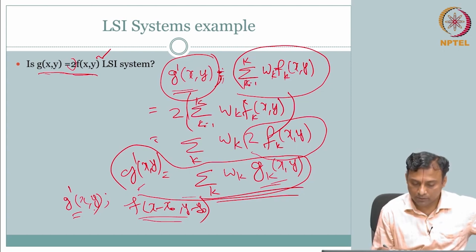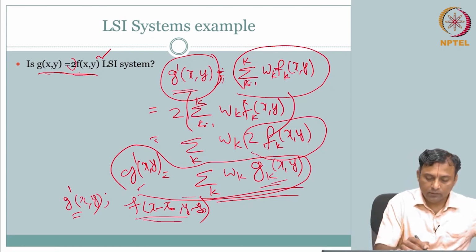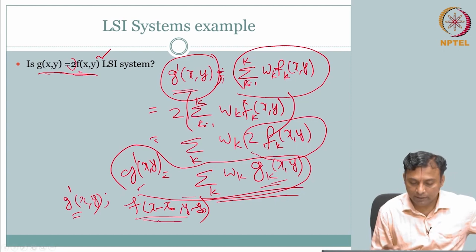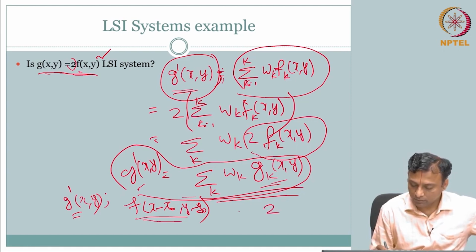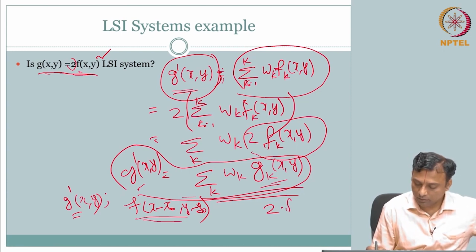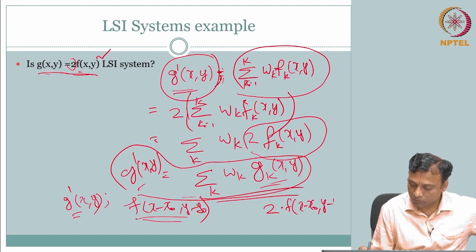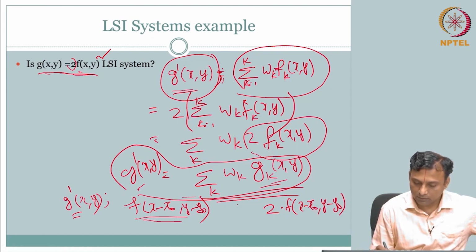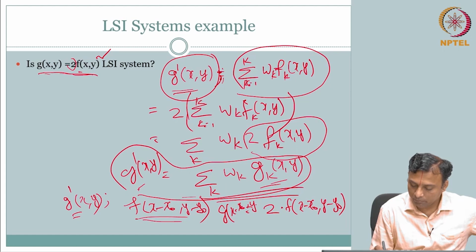So then what happens? If I present this as an input, my output is going to be 2 times f of x minus x naught comma y minus y naught, which is g of x minus x naught comma y minus y naught.